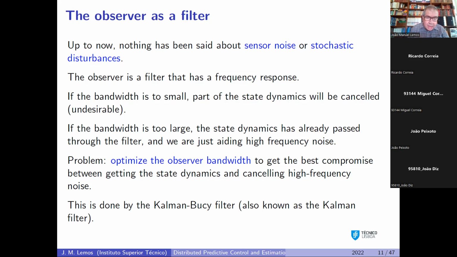Now, up to now we have not considered noise. But suppose that we add noise to our observations. So there is a range of frequencies in which the signals depend on the dynamics. That's typically low pass, some low pass bandwidth. That's the bandwidth of your system.